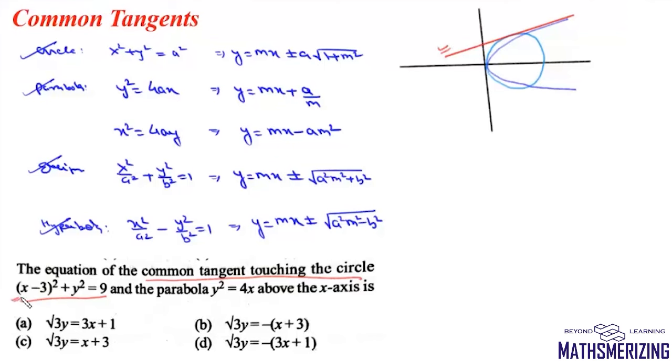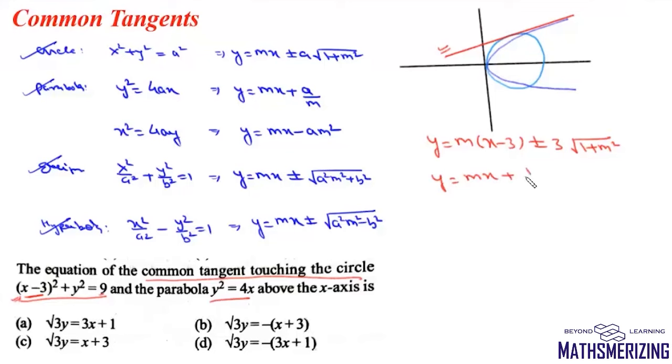Now for this circle, we can write the equation of tangent as y equals m, and in place of x we'll write x minus 3, plus minus r. What is the radius? Radius is 3 and under root of 1 plus m square. And for this parabola, the equation of tangent is y equals mx plus a by m.